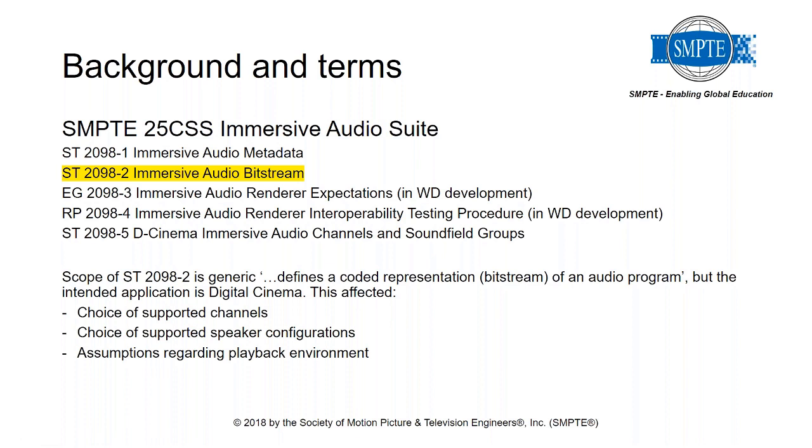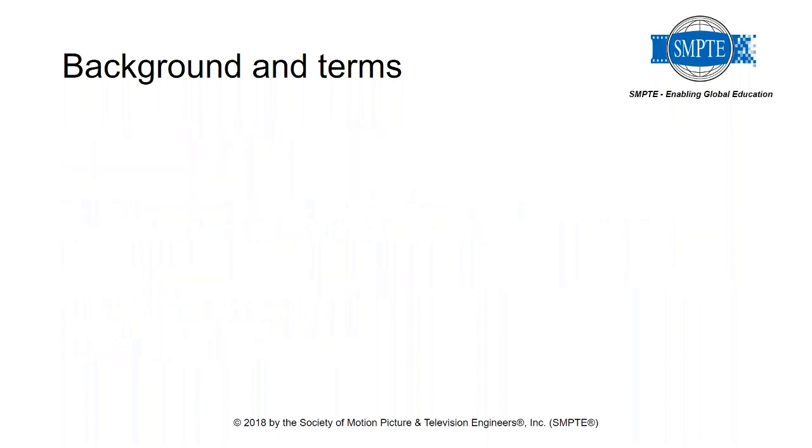Now, that doesn't mean it's set in stone, but this was the task we were faced with: how do we get immersive audio in an interoperable manner to cinemas. But you'll see later in the presentation that this can be adapted to other applications.